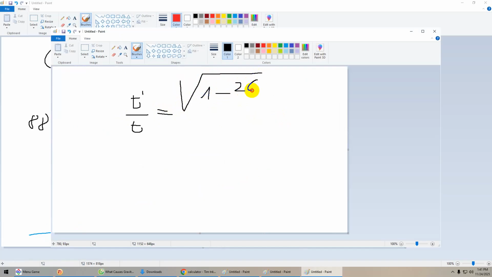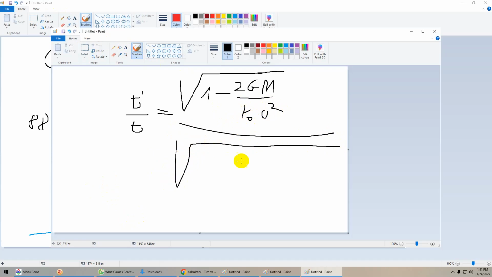Is this the escape velocity here? This term R c square. And we need to change a little. We want the value to be low. Let's assume this is R naught c square. R naught simply means the radius of the Earth, and we have to divide this by this term again.